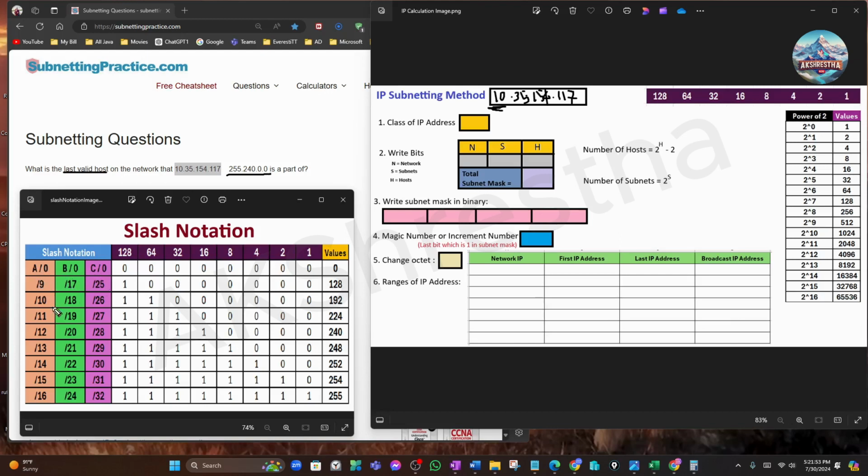Okay, so we have here 240, right? The value is 240. So go here. If you have a slash 12, 20, or 28, in that case also you have this, right? So I have multiple things, so you can check from here or here. You can figure out the slash notation and the mask also.